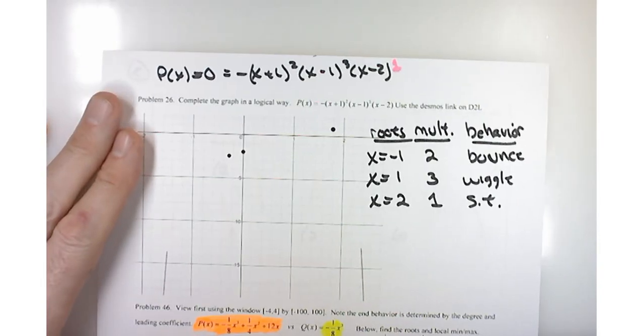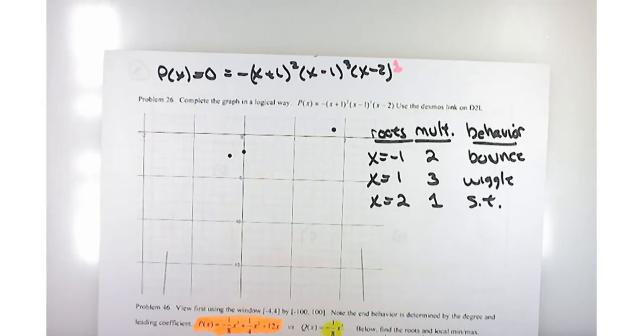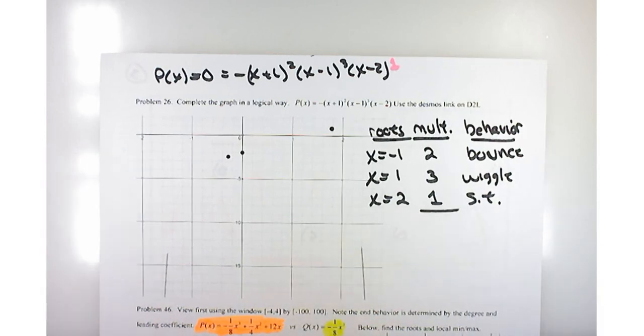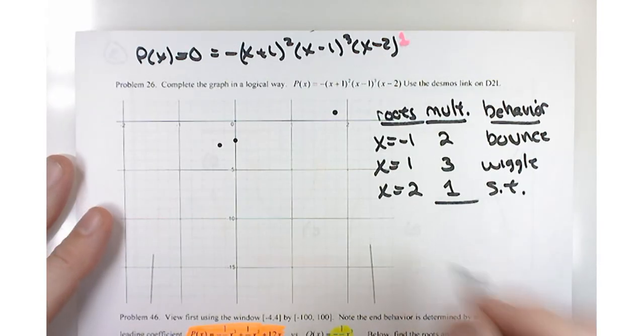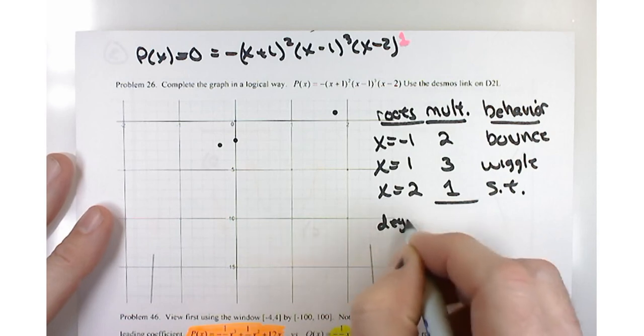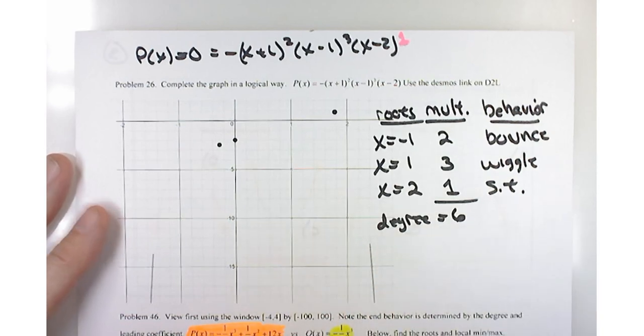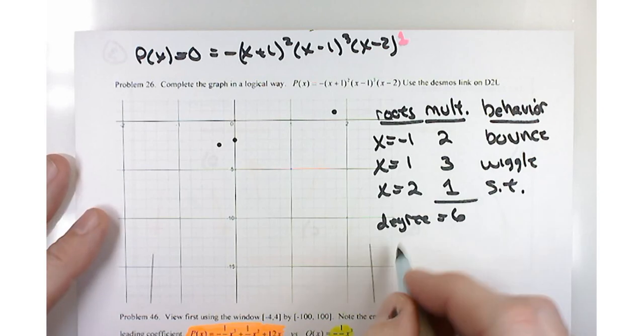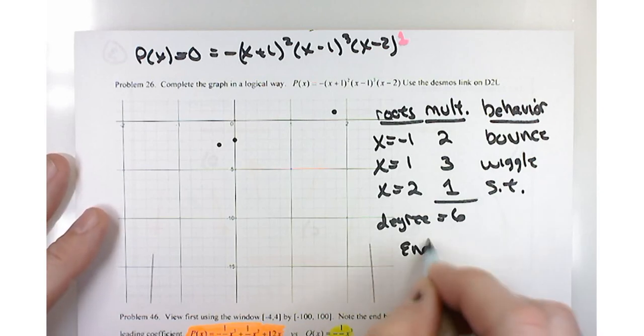There's one last thing that we should probably pay attention to, and that is the degree of this polynomial. Overall, Angel, what's the degree of this polynomial? Yeah. The degree is 6. So if I have a degree of 6, I need to determine the end behavior.